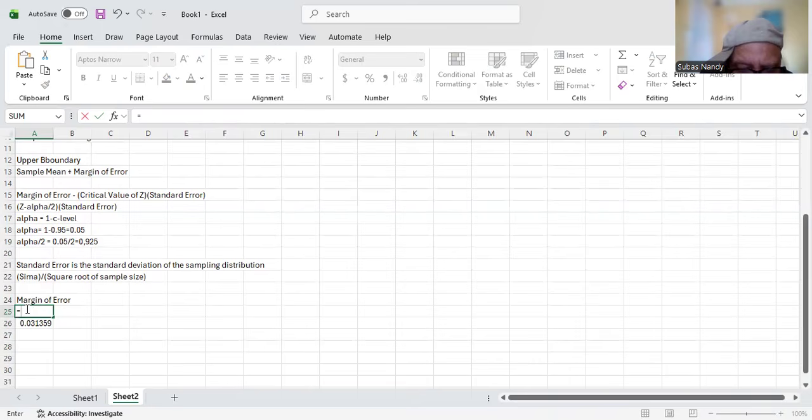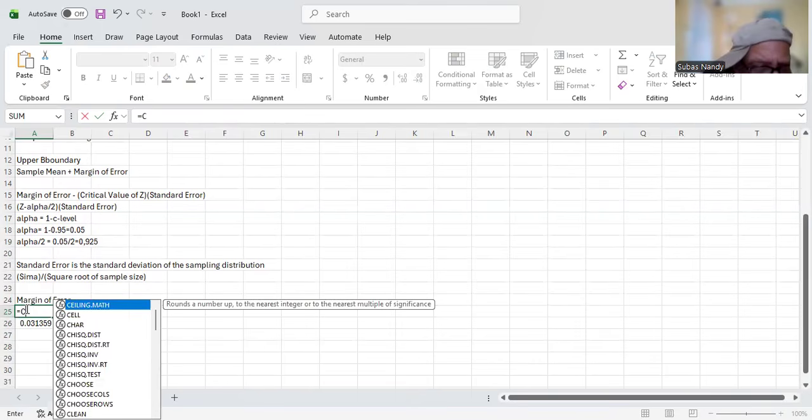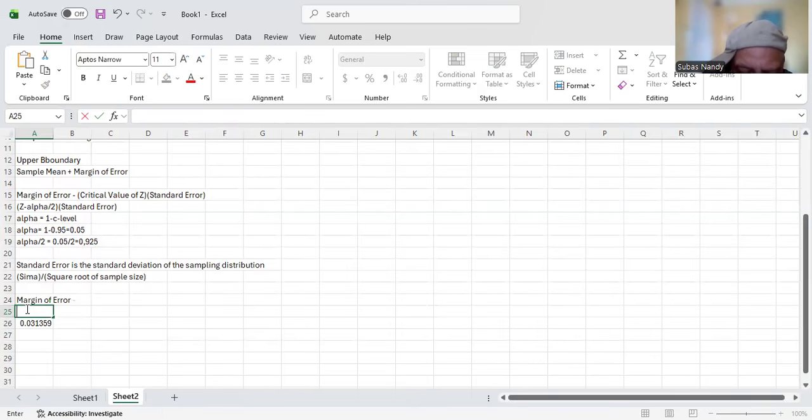The function is confidence dot normal in Excel. Inside the parenthesis, alpha, which is, remember, 1 minus the confidence level, and then the standard deviation, comma, sample size.